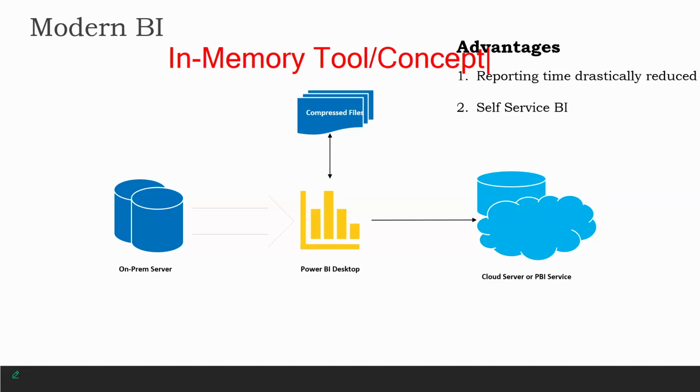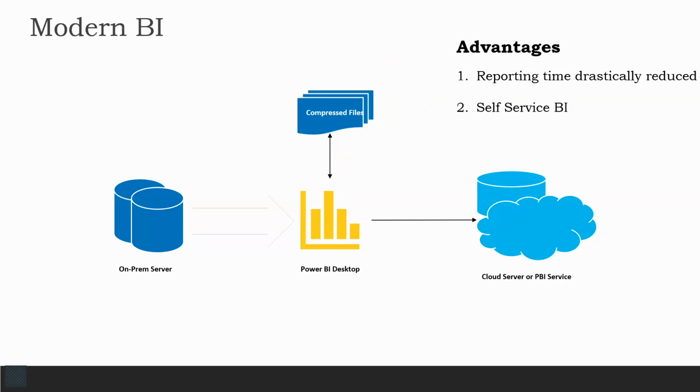So just keep this in mind: anytime in the future when I say in-memory concept, we have learned it. This is what I'm talking about, the modern ways of working. It's all about taking your data, in a compressed version of the file, into the RAM. RAM is the memory that we're talking about, and this is called an in-memory tool. I just wanted to highlight it.